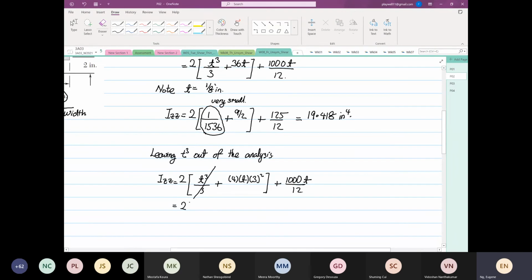So this will be equal to 2 multiplied by 4 multiplied by 1/8 multiplied by 9, then plus 1,000 multiplied by 1/8 divided by 12. So this is equal to 19.417 inches to the power of 4.